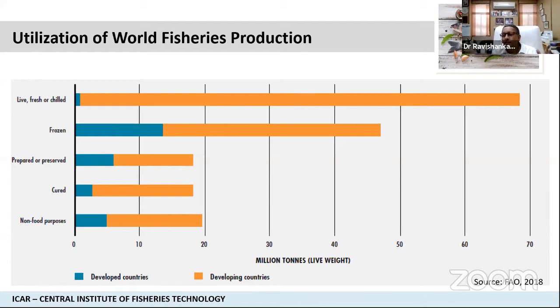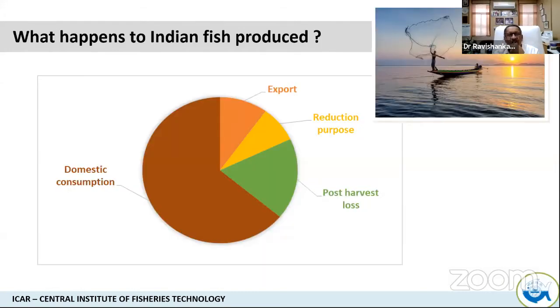So I think these are all issues we need to address, joining hands with the food safety department. And what happens to the Indian fish? Whatever is produced, the majority goes to domestic consumption. You see the percentage of post-harvest loss. I think that is where we need to address. And going to reduction purposes, we are giving impetus to aquaculture.